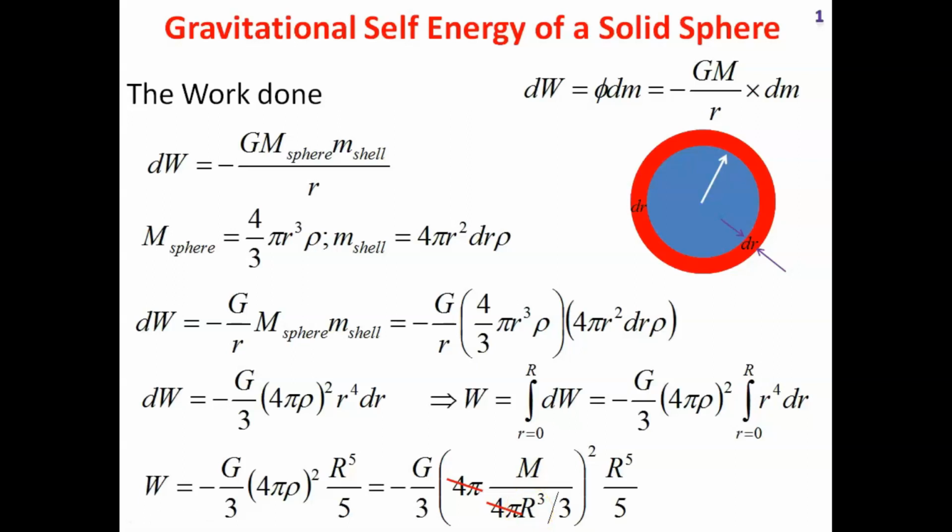In that context, we have considered rho to be constant throughout, and with that presumption we can write this equation, and further simplification offers us W is equal to minus 3 by 5 times GM square upon R, and this is the equation for self energy of a sphere made up of uniform density of solid material.